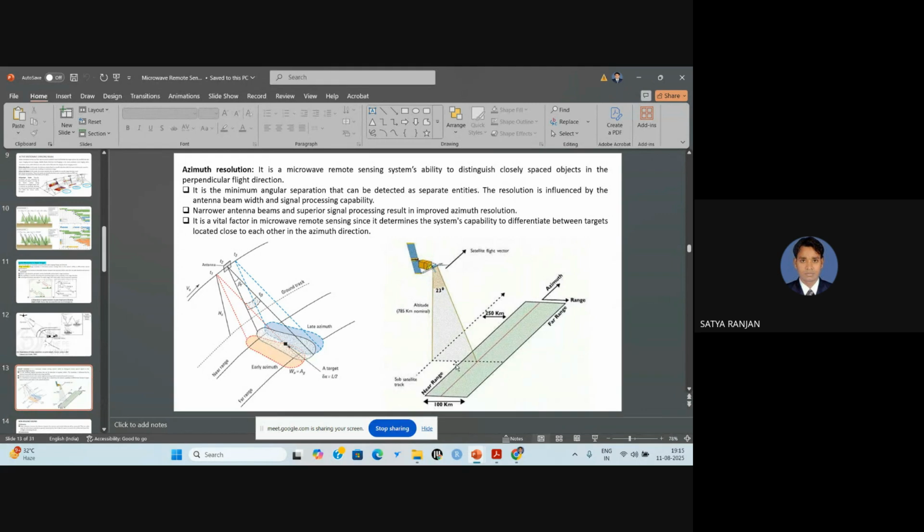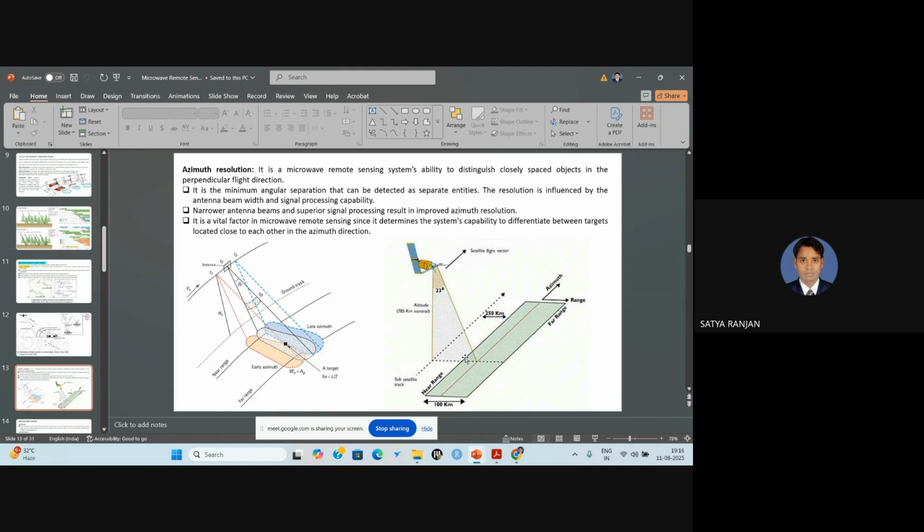Okay. So this is the azimuth and this is the far range. If we change the angle, then the coverage is different, and a large area is covered by the sensor. Then the resolution decreases as the coverage is high. If the coverage is very low and it is near the nadir point, near the perpendicular to the surface, then the resolution is very high as there is the least distance between the sensor and the Earth's surface.